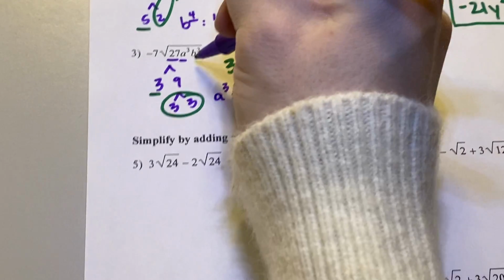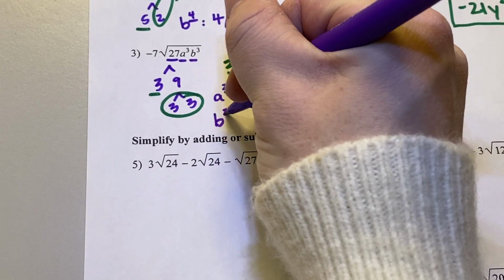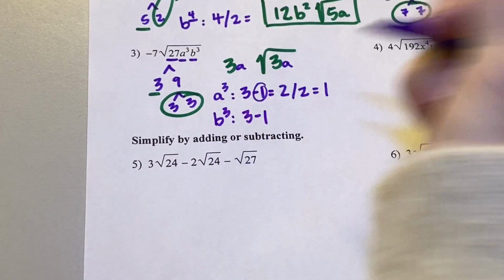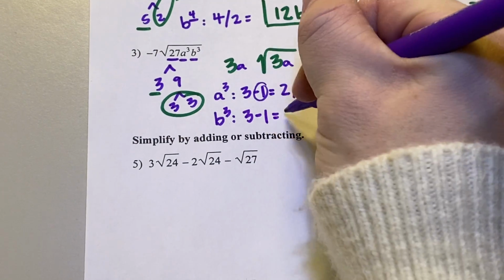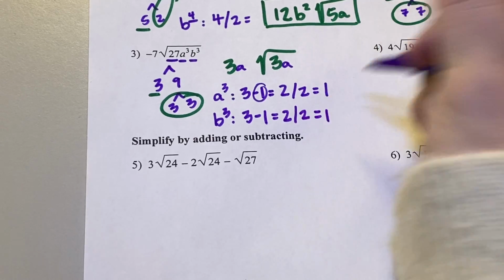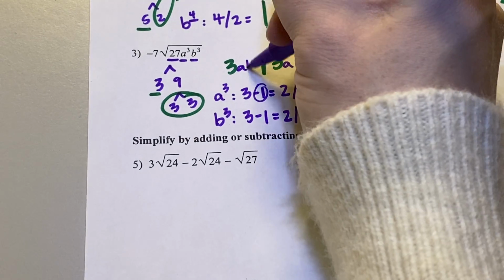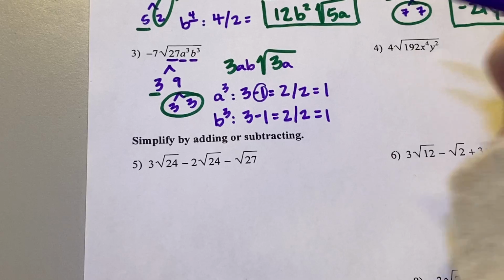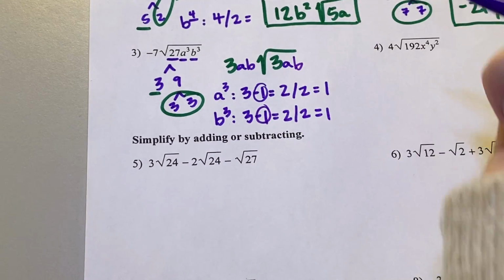Okay, same thing with my b cubed. So again, I would take that 3, subtract the oddball, which would give me my 2. We already divided 2 by 2 to give me 1, which means one pair of b's got to come out, and the oddball b had to stay in as well.